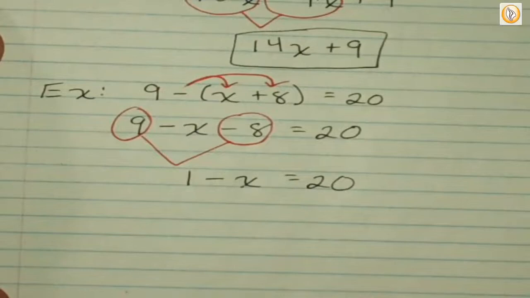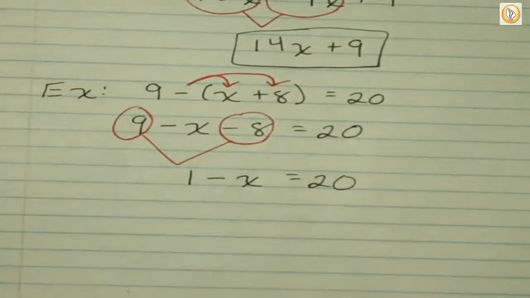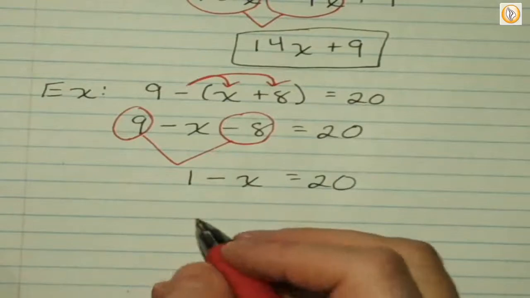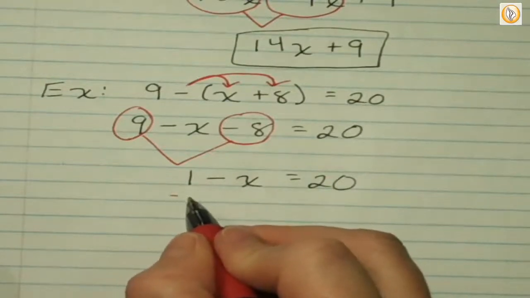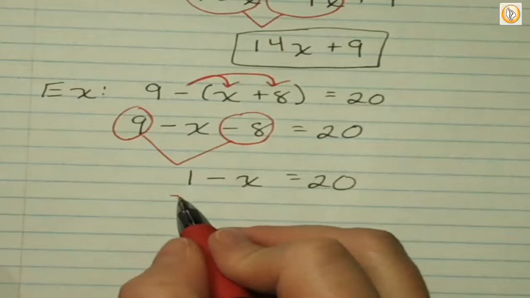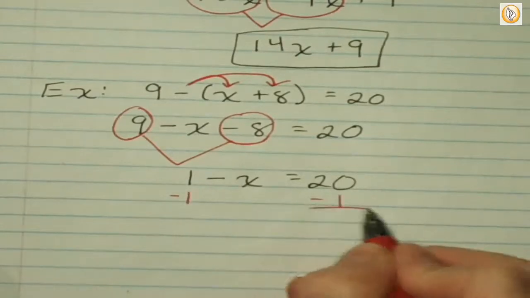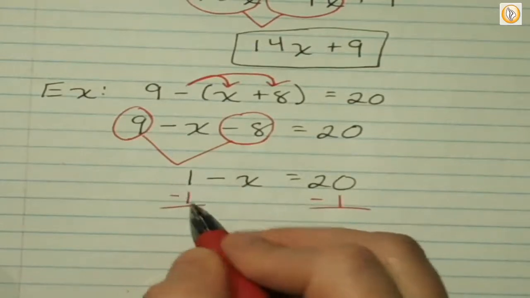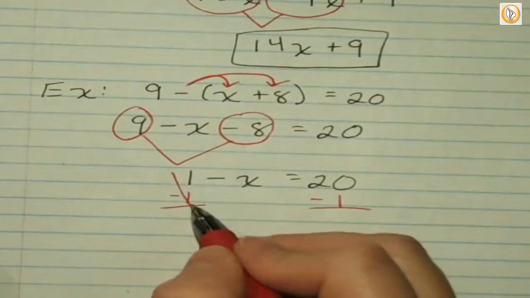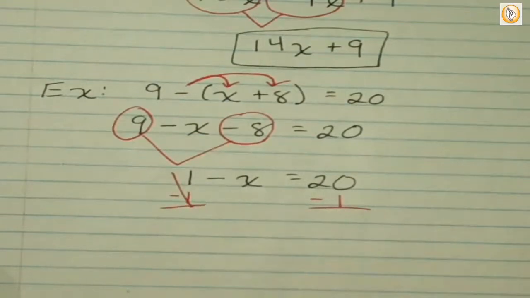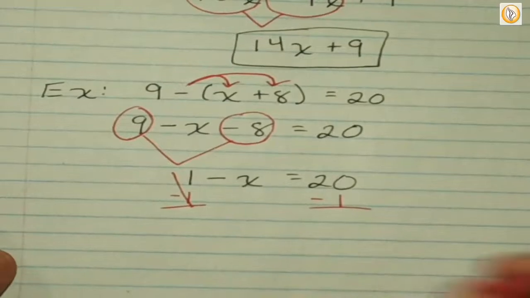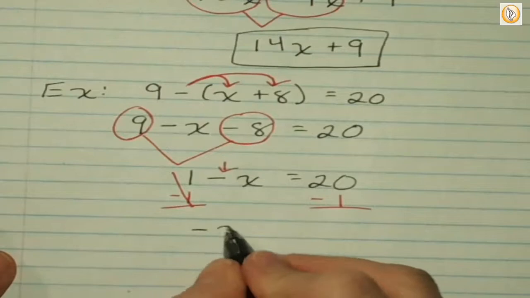Kelly, what do I do now? You minus 1. You divide 1 by both sides. You don't divide, you subtract. That's right. Because we're not multiplying anything, so that's a positive 1, so minus 1 on both sides. Now, here's what's important. Do you see this negative right there? Don't leave it off.